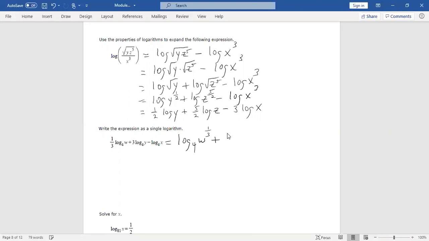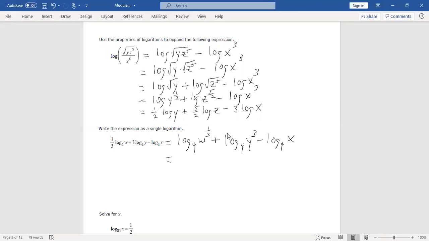Plus, since the 3 is in front of the logarithm for y, remember that would be the exponent of y. So here we'd have log base 4 of y cubed minus log base 4 of x. Okay, now keep in mind what a fraction as an exponent means.